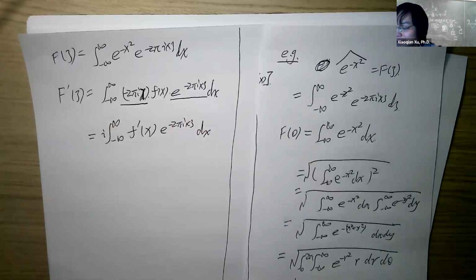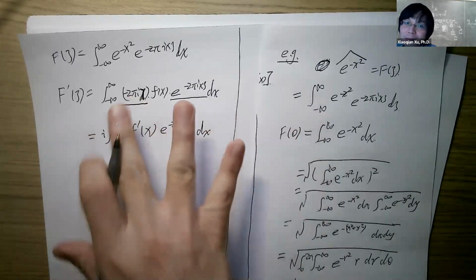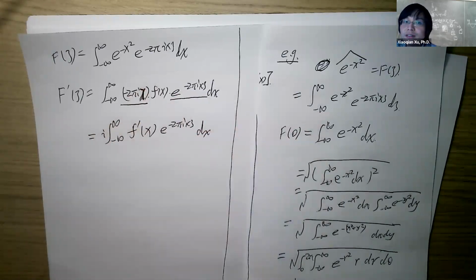Well, you can do it yourself. It's just a change of variable, integration by parts. And at infinity, it disappears because f decays very fast.